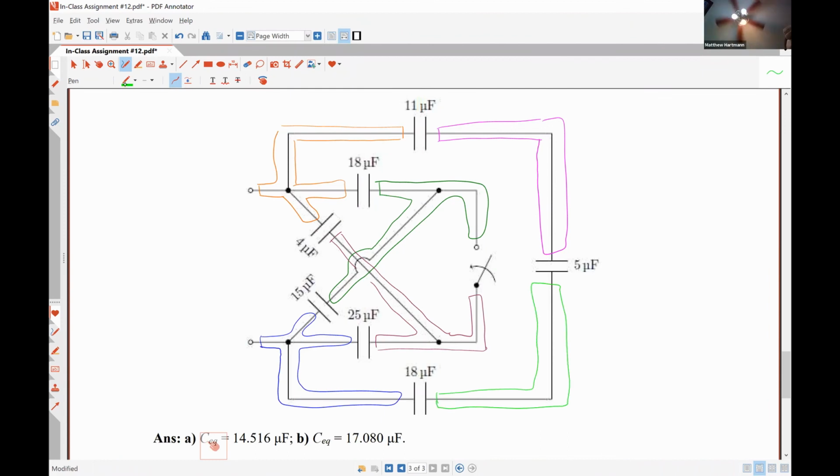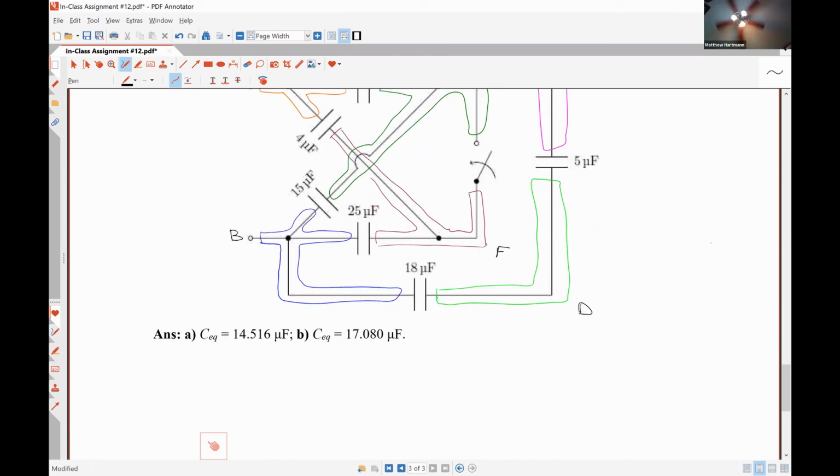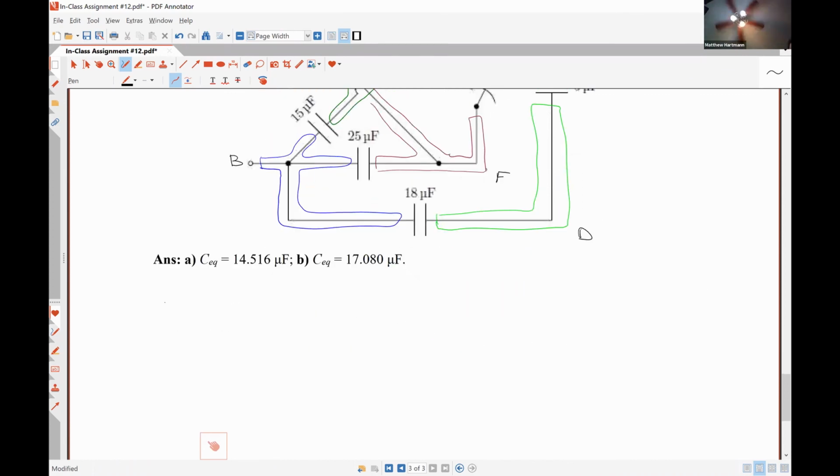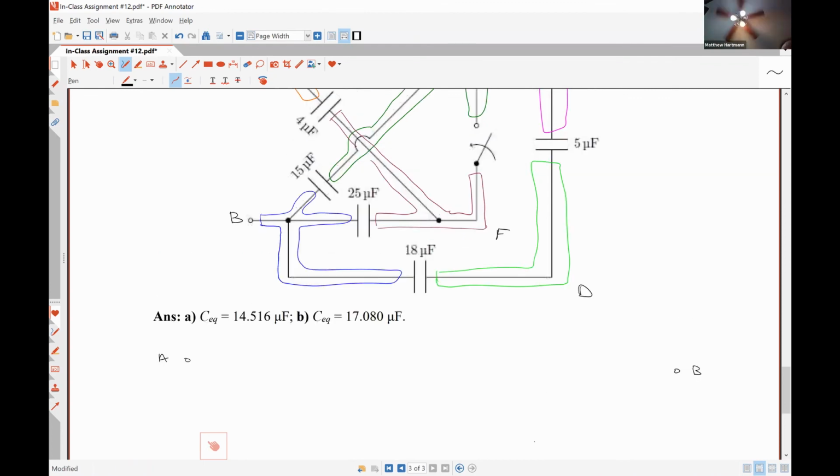I'll label them just for the sake of argument: A, B, C, D, E, and F. And I'll draw things out. A's way over here, B's way over here.